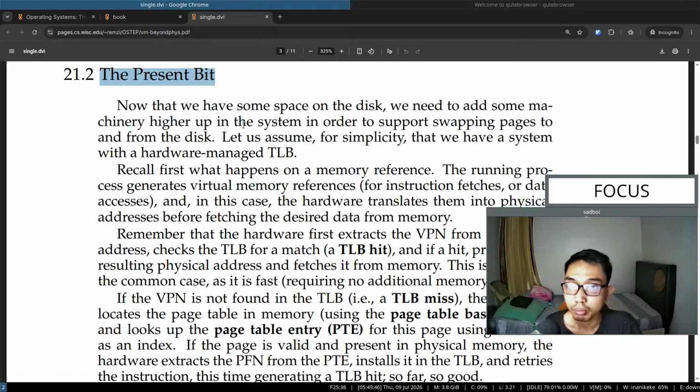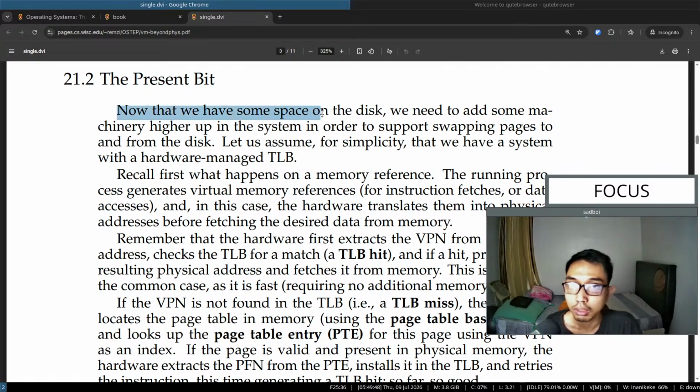The present bit. Note that we have some space on the disk. We need to add some machinery higher up in the system in order to support swapping pages to and from the disk.